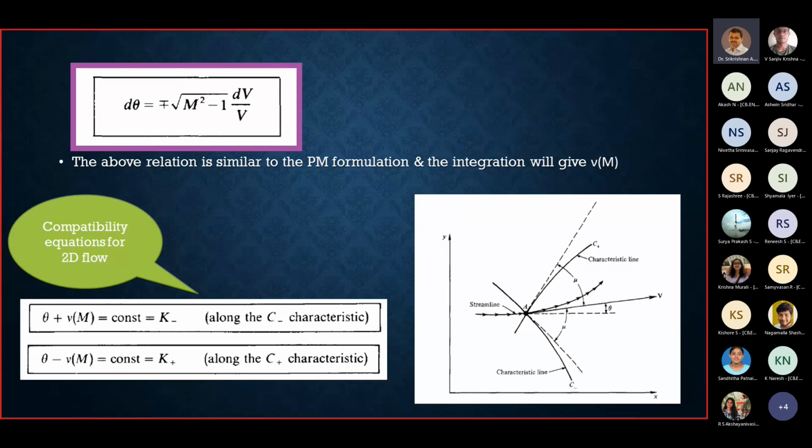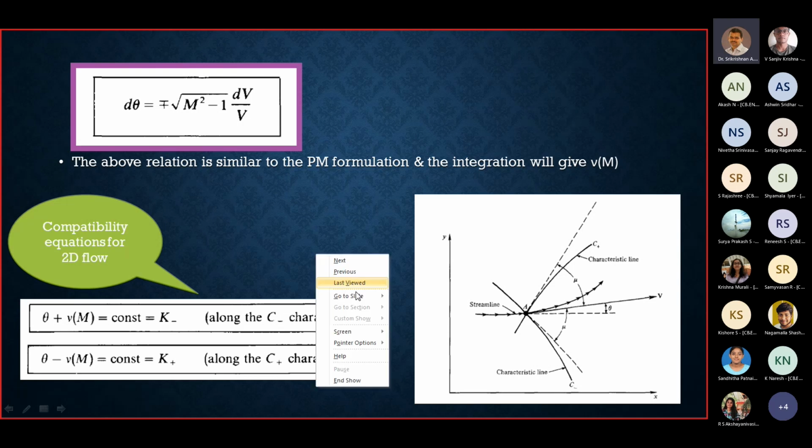The flow field with the characteristic lines is identical to the Prandtl-Meyer function, which in turn means that if you integrate it, you can get results similar to the Prandtl-Meyer function.